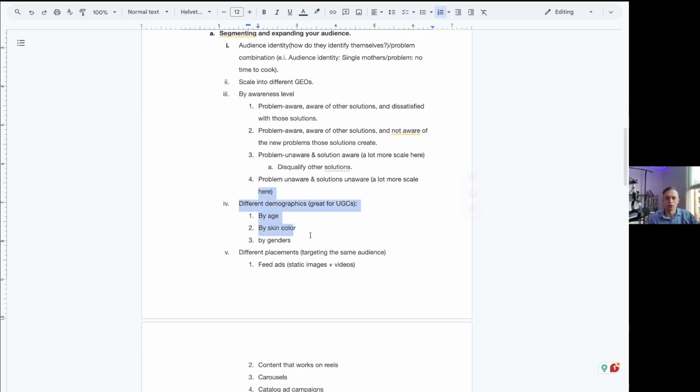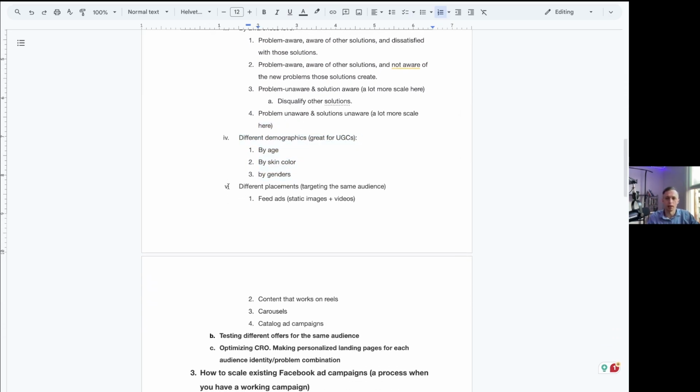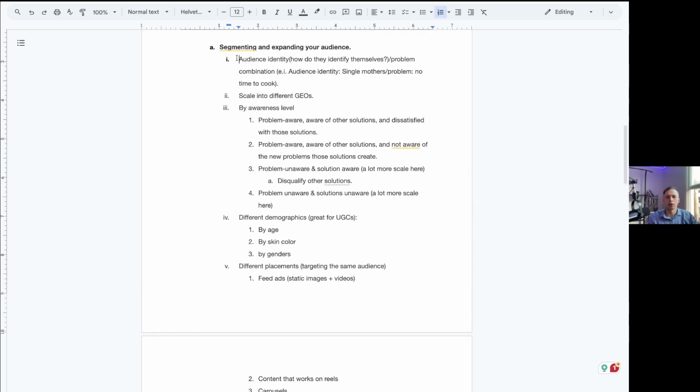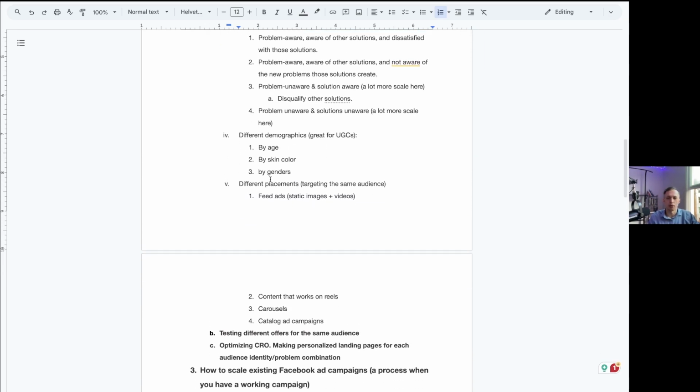And so we touched on this, and then there's different placements. So there's feed ads, and you can use the same concept of what's working, the same campaign that you found that's working, and then just create different campaigns with different creatives.